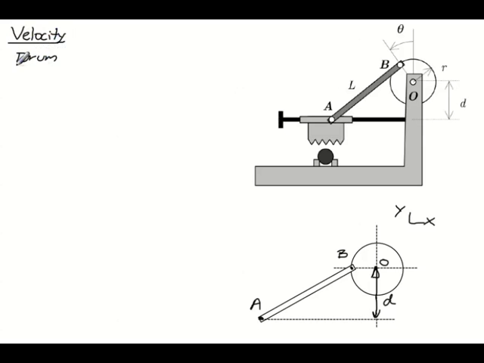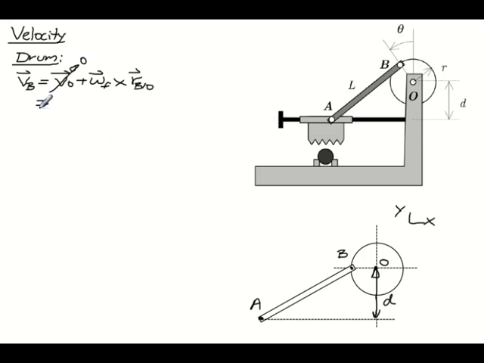And for the drum velocity equation, we're going to go from the center of rotation O out to point B. So VB is equal to VO plus the omega for the flywheel, omega F, cross with a vector which extends from O to B. Since O is the rotation shaft of the flywheel, velocity of O is 0.